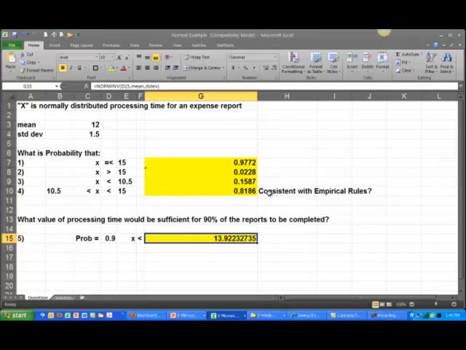And I get a value of 13.922, etc. So I could say, hey, 90% of all expense reports are going to be processed in 13.92 minutes or less. So this is how we would use that value. You could also say that 13.922 is the 90th percentile value of this distribution.